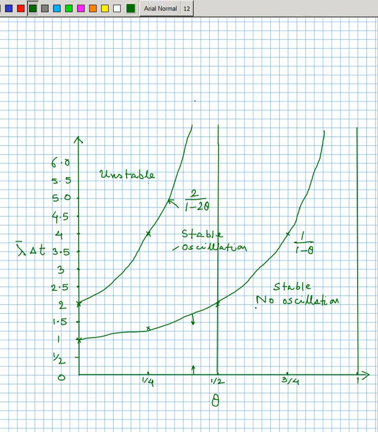And this is 2 by 1 minus 2 theta. If you take the region greater than 1 by 1 minus theta and less than 2 by 1 minus 2 theta, it is stable, but it is stable with oscillations.